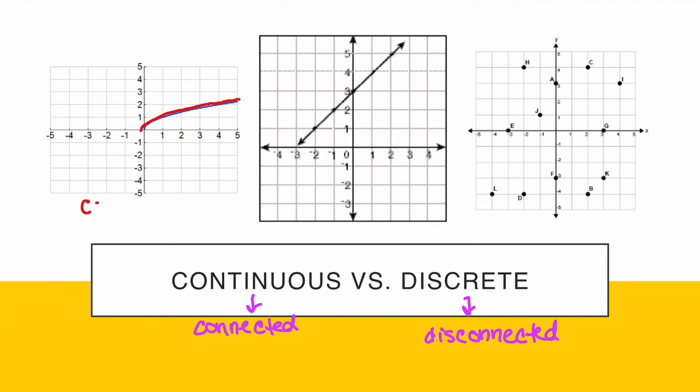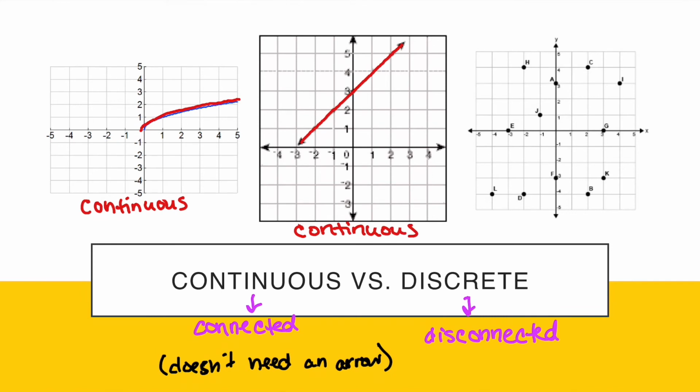So it is continuous. Okay, does it have to have an arrow? No, it does not have to have an arrow. Can it have one? Sure, as long as there's a line, it is continuous.